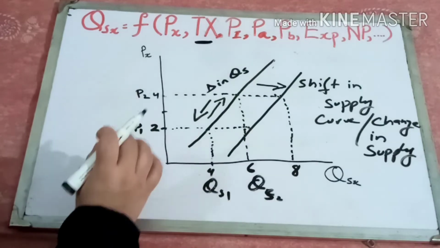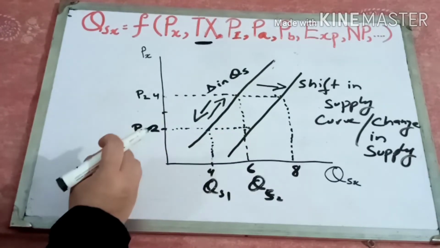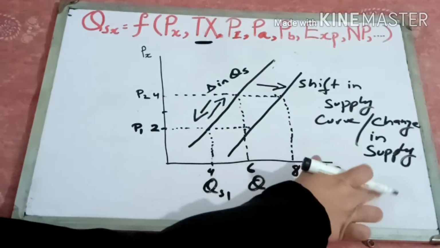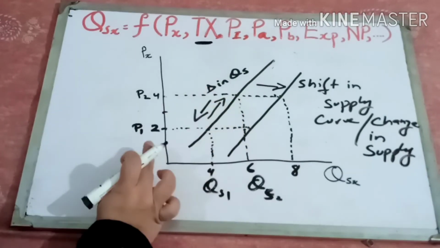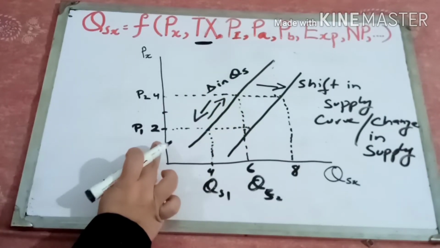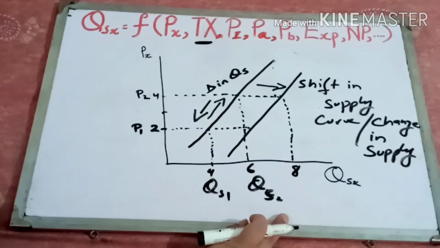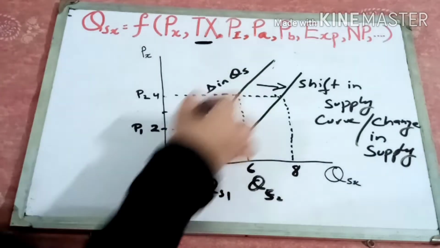We need to study very thoroughly, and we need to understand very thoroughly, the difference between the change in quantity supplied and change in supply. Change in quantity supplied means the movement along the curve which was caused due to the price change, and the price change made the suppliers change the quantity supplied.